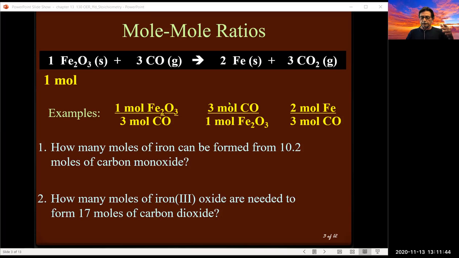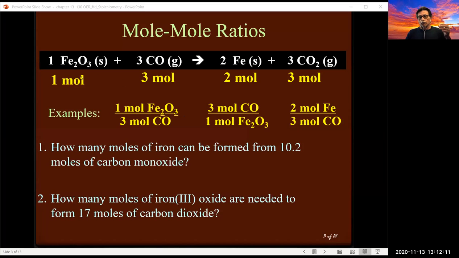Let's take, for example, the following reaction where we have 1 mole of iron 3 oxide reacting with 3 moles of carbon monoxide. See that CO, carbon monoxide, which gives us 2 moles of iron, the element iron, and 3 moles of carbon dioxide.